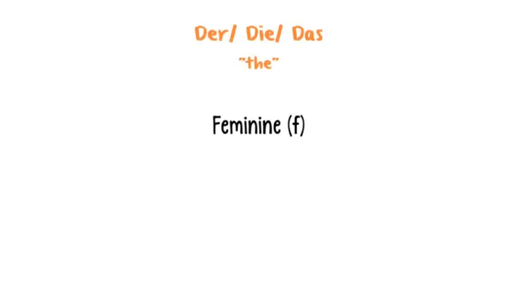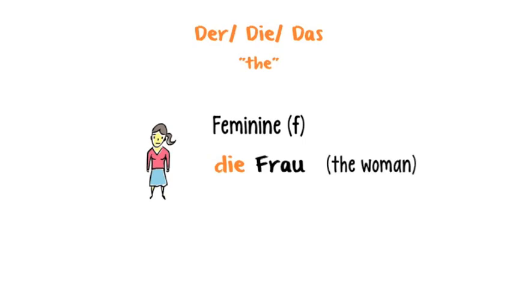Now let's have a look at der, die, das in the feminine form. Here we have the example of die Frau, which is equivalent to the woman. Also here we have the personal pronoun sie, which means she.